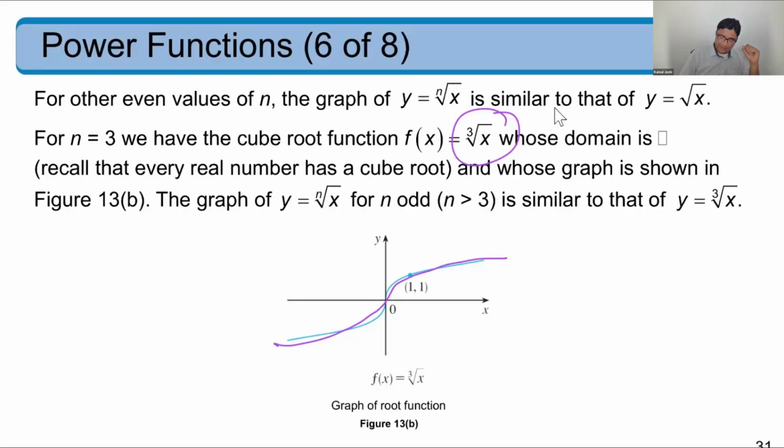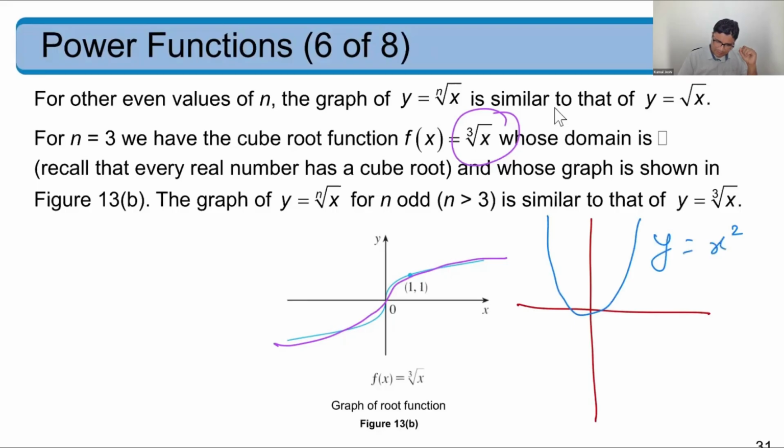Okay. And finally, one more thing you would have already observed, but I'm just repeating here. Note the relation between the graph of y equals x squared and the graph of y equals square root of x. Okay. Actually, the square root of x would be only the above one, this one. Y equals square root of x. And if you continue below, that will be y equals negative square root of x. Look at the relation between these two graphs. Okay.